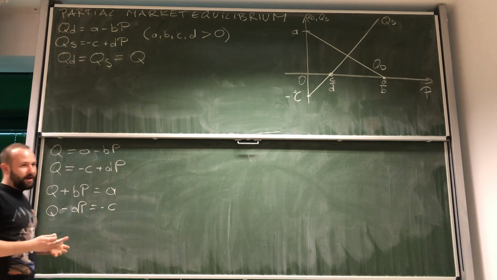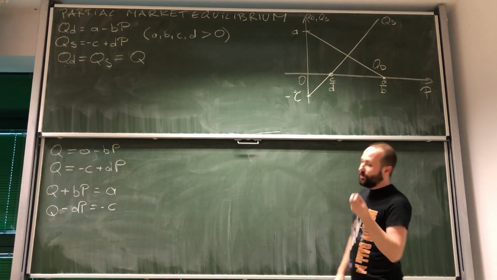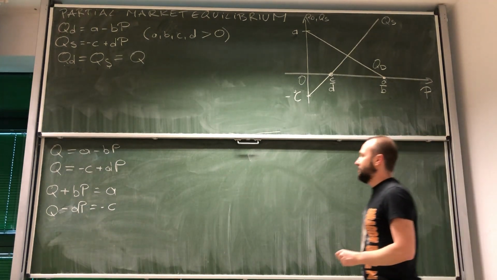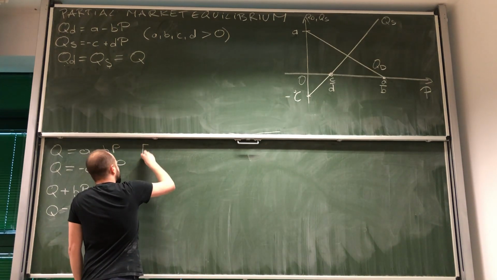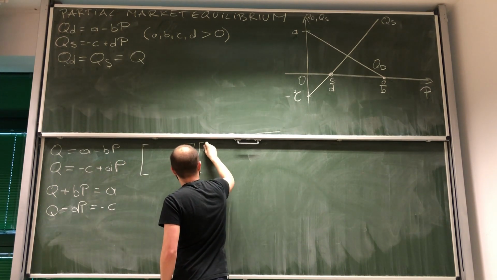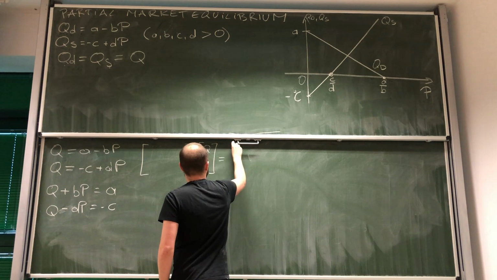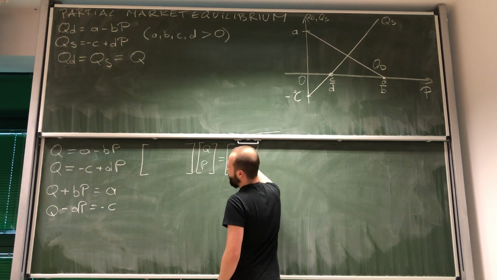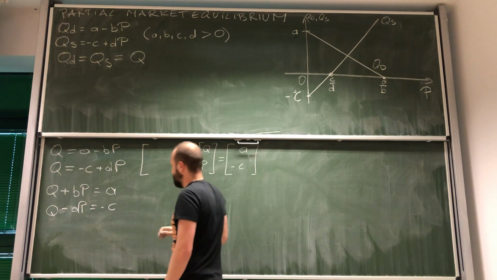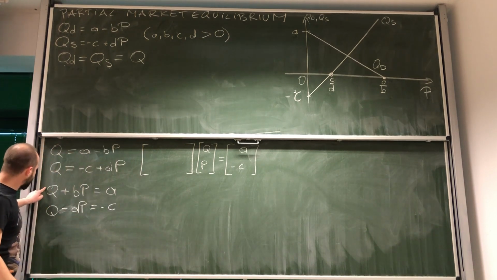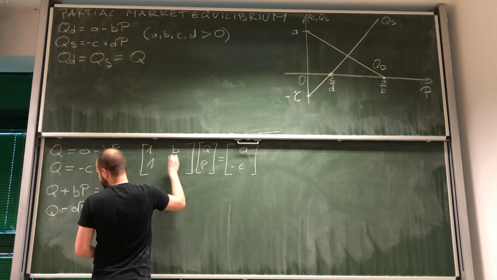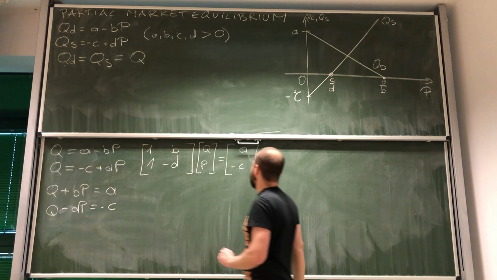Okay, and now that we've got it in this form, what should we do next? Put it into matrix notation exactly as we did in mathematics class. So we've got here first quantity, then price. Here we will have constant A, constant minus C, negative C, and here the coefficient on Q is 1, the coefficient on P is first B, then negative D.